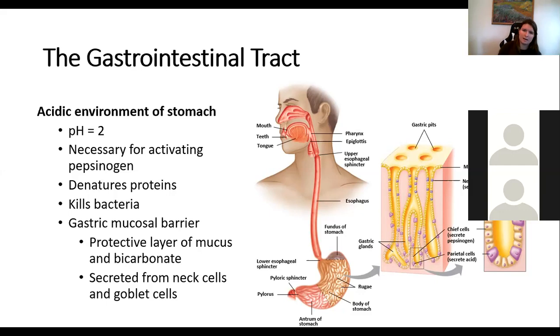So everything in the chyme, so the stomach contents, is going to be at a pH of 2, but as that content comes into contact with the stomach wall, it's going to hit this slimy mucosal layer that has bicarbonate that can buffer that, so that that really acidic pH doesn't touch the actual cells of the organ of the stomach.